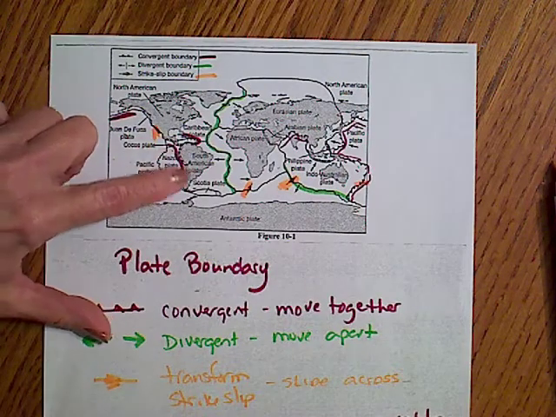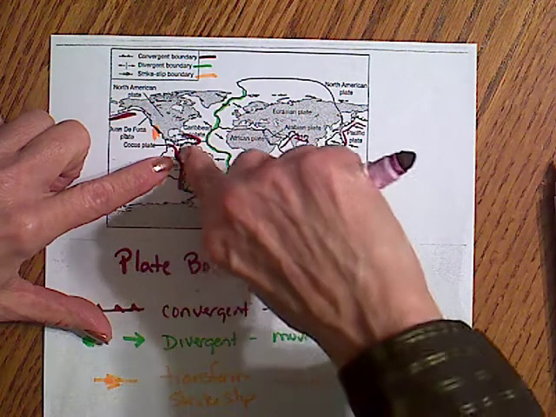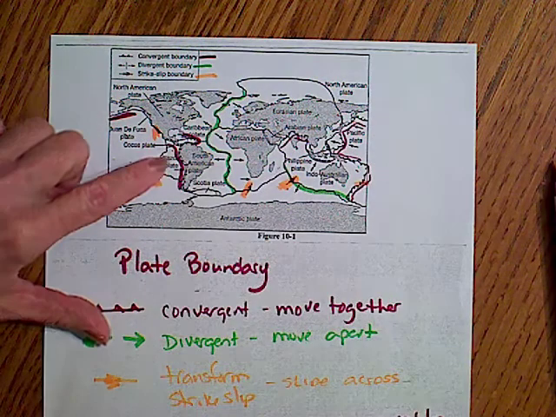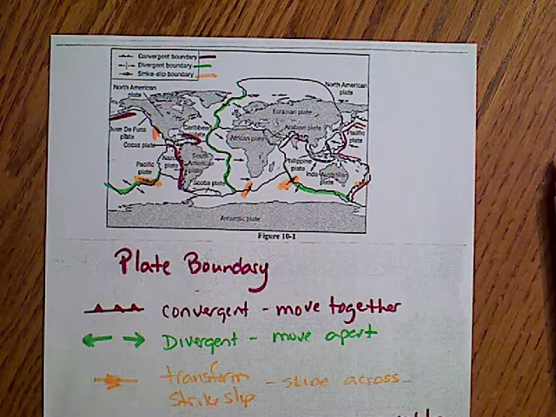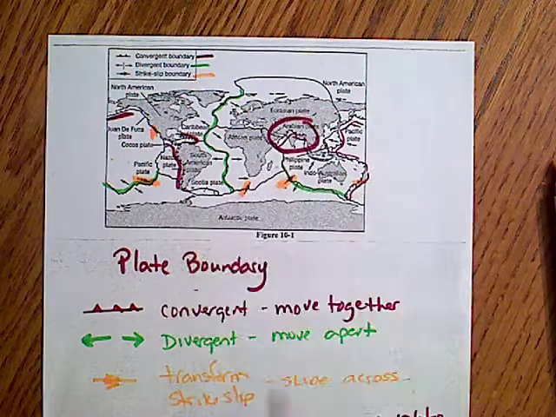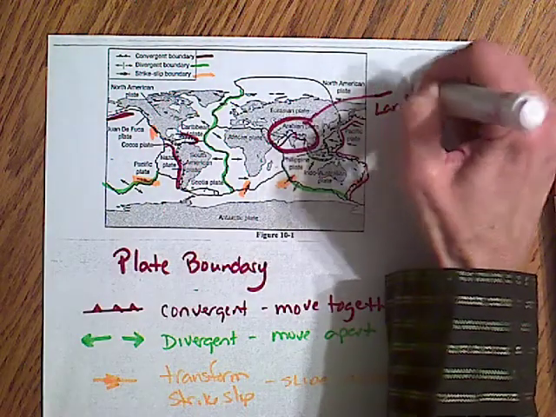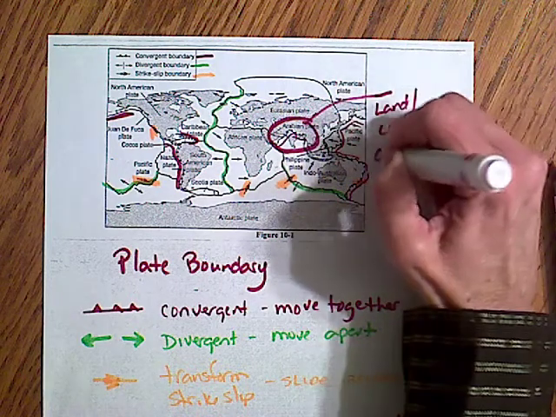And so if I look back up here, this is where we have our Andes Mountains. And in this area, not only am I going to have a large mountain range on the western border of South America, but I'm going to have volcanoes that go along with that. Unlike my mountain range over here, where I have my Himalayas, which is from a land convergent plate.